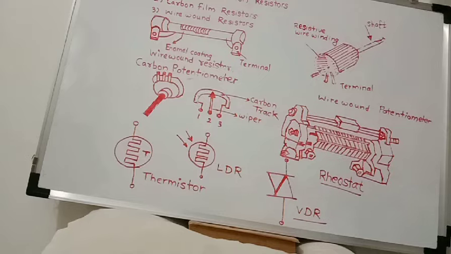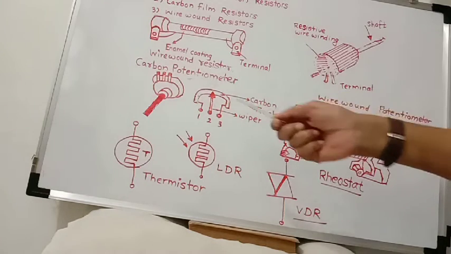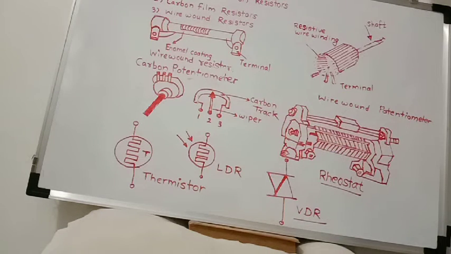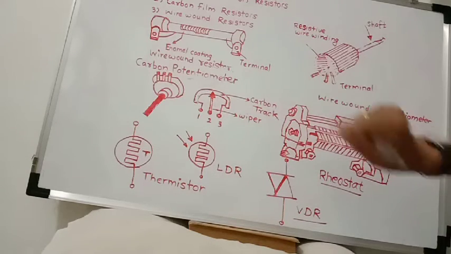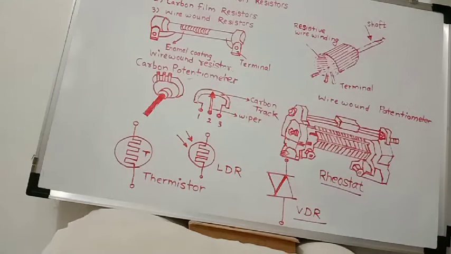Carbon type potentiometers are available from 1 kilo ohm to 5 mega ohms, and their power rating is from half watt to 2 watt. An on-off switch is also used with this potentiometer.